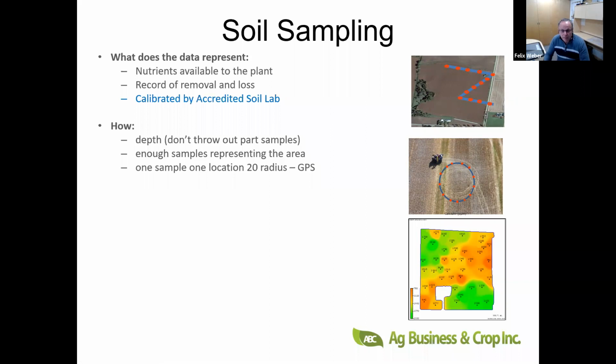This means you only have one sample in the field, but at least the data means something. Collect enough samples in the field so you can compare some of them within the field to make sure you're on the right track. That gives you a comparison in case one sample is out.